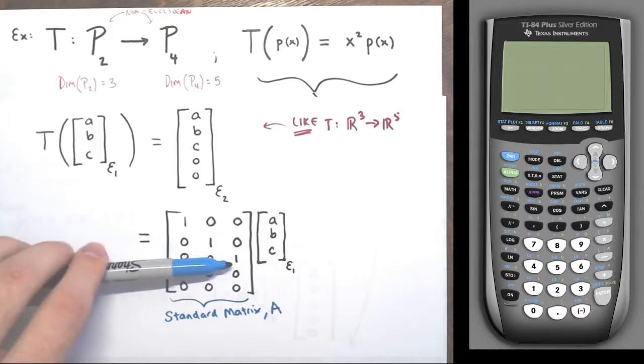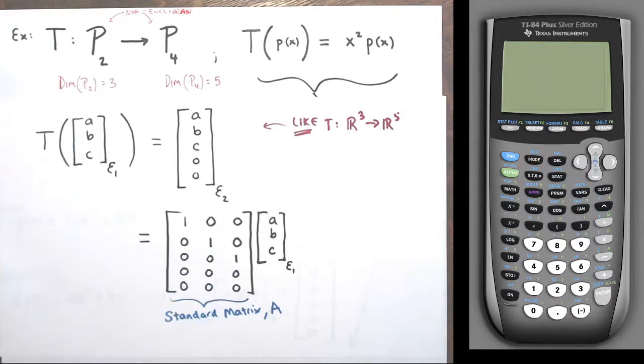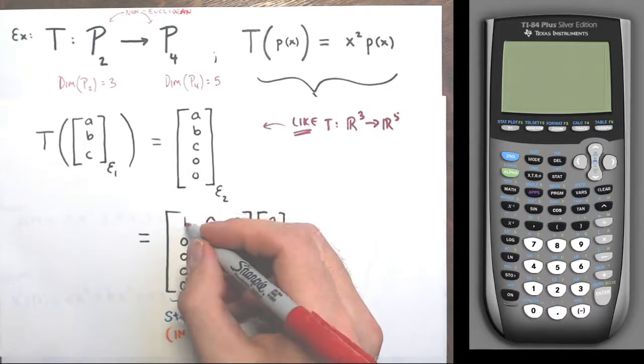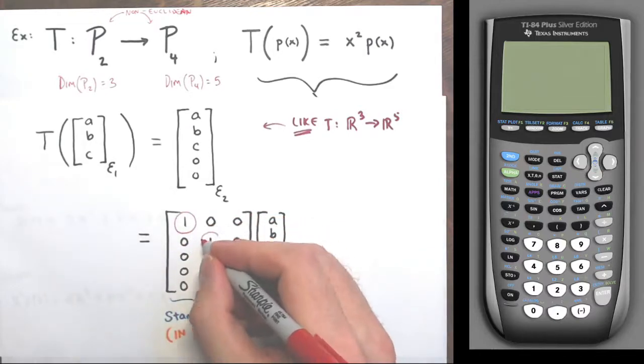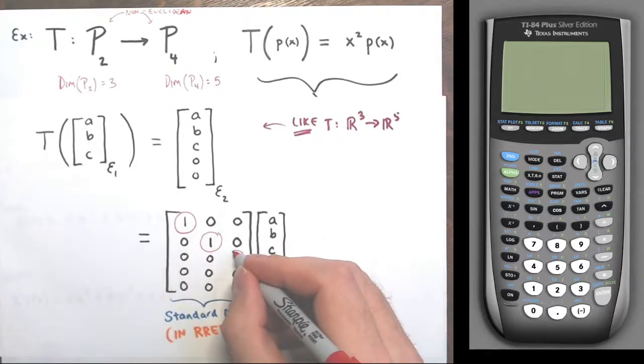Third, first non-zero entry is a 1 with zeros above and below it. This is already in reduced row echelon form. Right. So now I just look at the pivots, those leading ones in each row. So there's a pivot there, pivot here, pivot here.